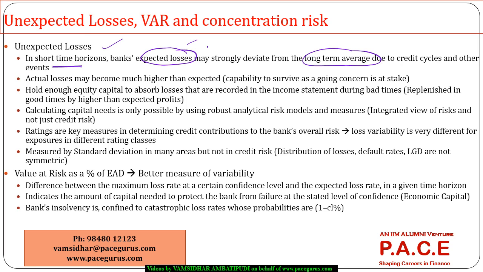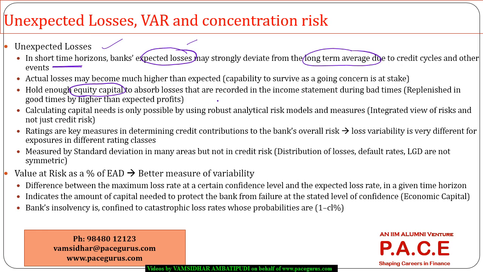So in some cases, the actual losses may be much higher than expected. And in that case, the capability of the bank to continue on a going concern basis will be challenged quite seriously. So that is where the unexpected comes into the picture. Now, to mitigate that unexpected loss, or as a compensation against the unexpected loss, the banks have to hold enough equity capital.